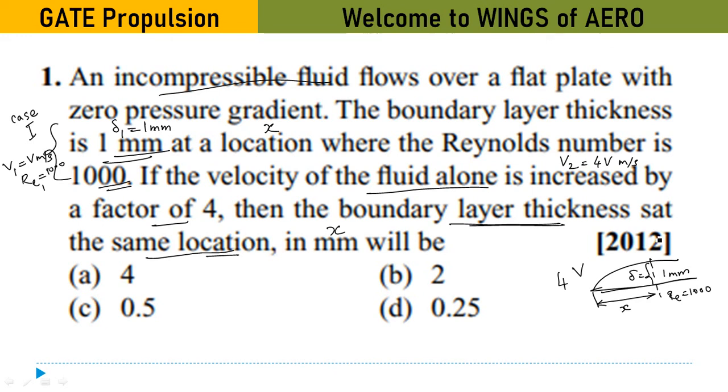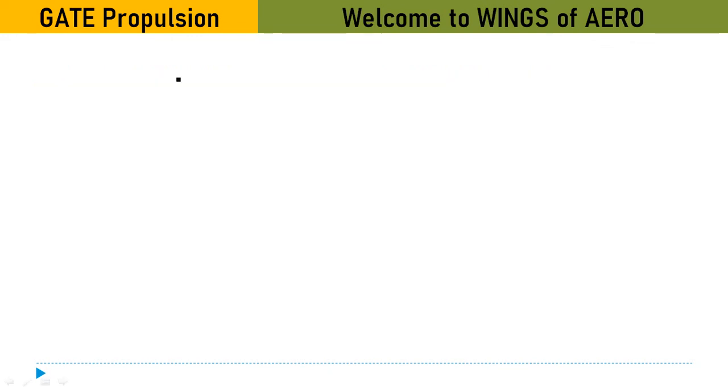And both x1 and x2 are going to be the same. Now first we will see what the del formula is. Del formula is 5x by root over Re of x. Now here we need to see the velocity is a variable. Velocity is changing, right?